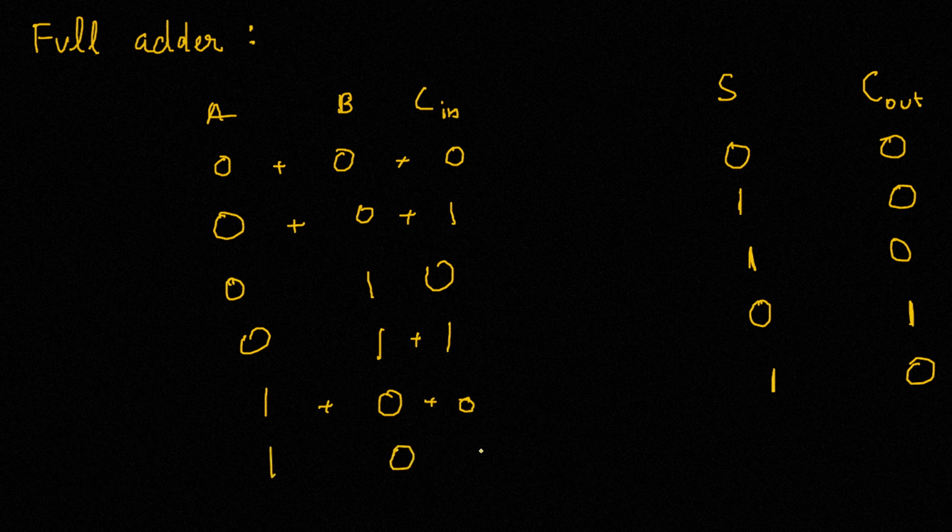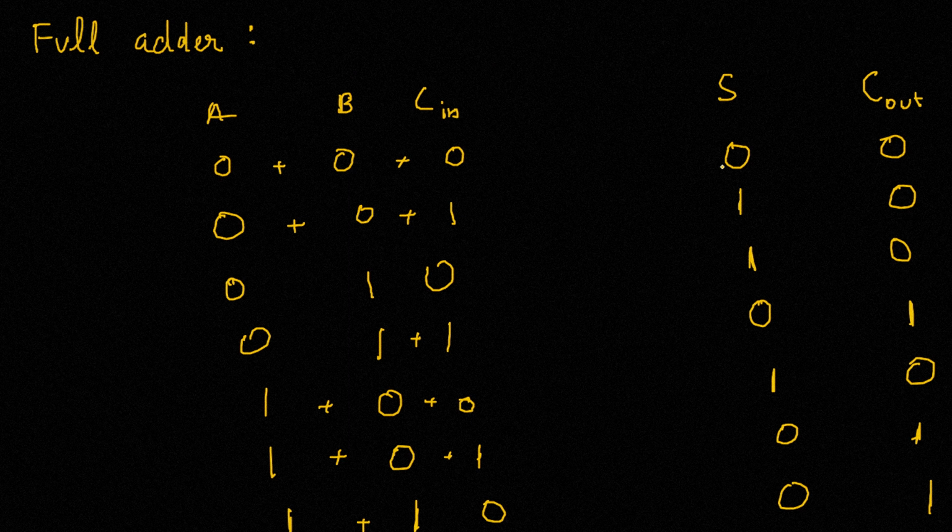Then we have 1, 0, 1, which is again 1 plus 0 gives us 1, and 1 plus 1 gives us 0 with a carry. Then we have 1, 1, 0. So 1 plus 1 gives us 0 as sum, and 0 plus 0 gives us 0. And the carry that we got from the sum of these two ones will be written under carry. There isn't space for the last one.